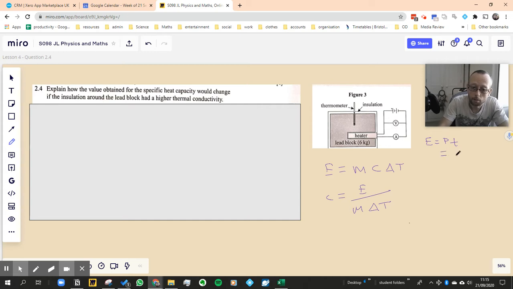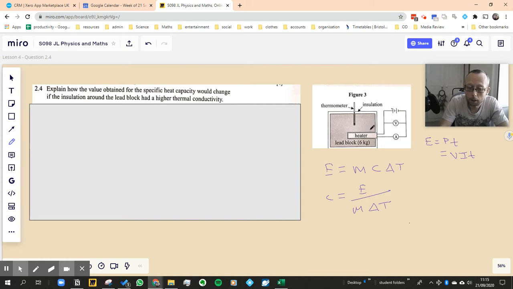So the energy is voltage times current times time, and we can use a stopwatch, the voltmeter and the ammeter to calculate how much energy in theory went into this block, and then see what temperature rise this caused for a 6 kilogram block of lead.